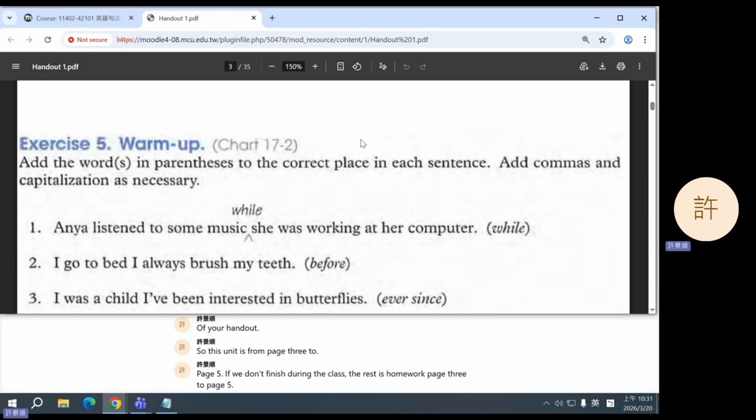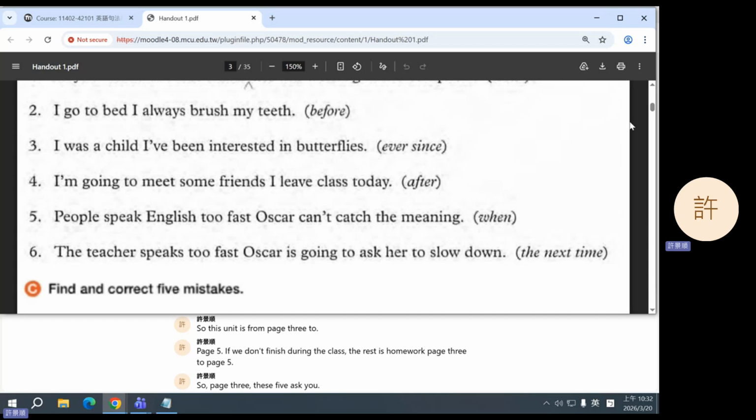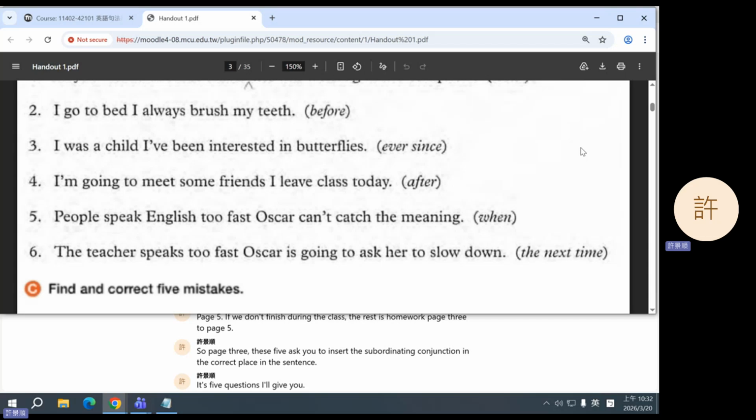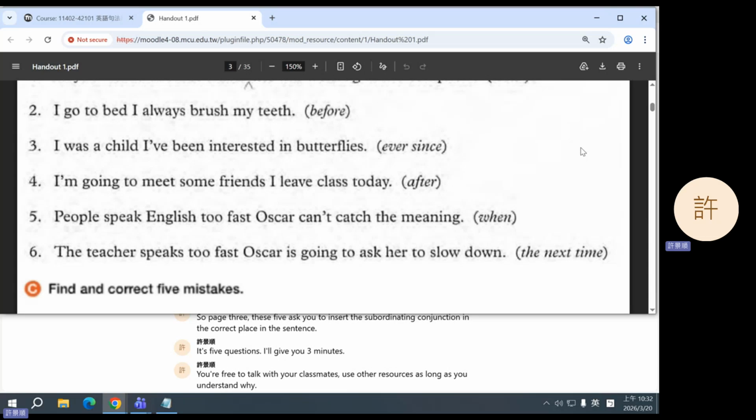So page 3, these 5 ask you to insert the subordinating conjunction in the correct place in the sentence. It's 5 questions. I'll give you 3 minutes. You're free to talk with your classmates, use other resources, as long as you understand why the answer is that way.